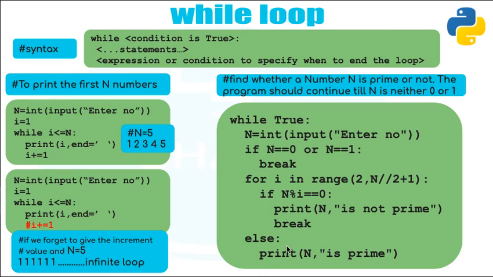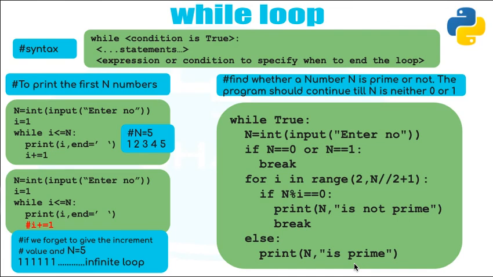If the loop is broken, you remember we did else with for, so the else will not be executed. Similarly, if the loop is not broken, that means the number is a prime number and else will be executed. So here is a case where we can always show whether the number is prime or not, and the program will keep on getting executed.